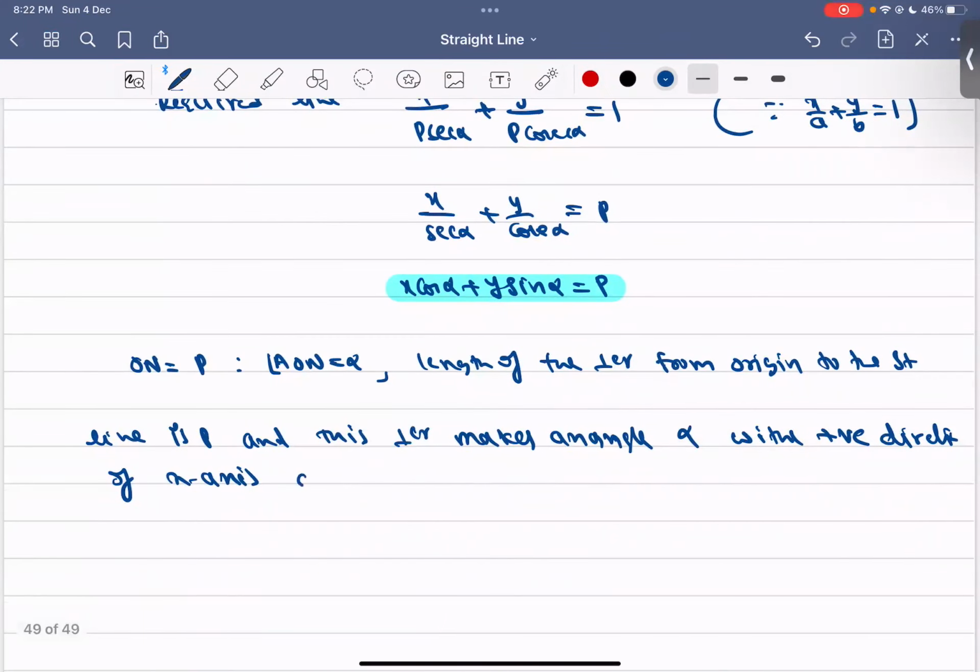And here P should be positive, because distance can never be negative.